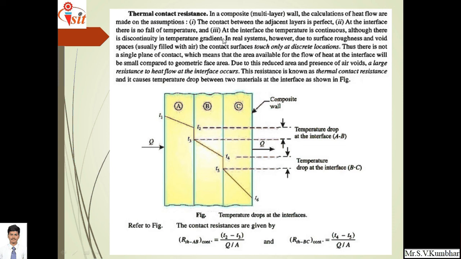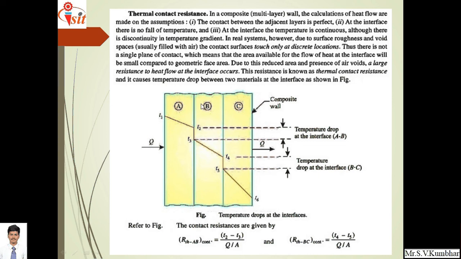But in reality there is a gap between A and B or B and C. Sometimes air may also be present in between A and B, or at some edges the part is discontinuous, meaning it is not touching. So in a real system, due to surface roughness and void spaces, that is air gaps, present between the contact surfaces, there is not a single plane of contact, which means that there is reduced area available for the flow of heat at the interface.